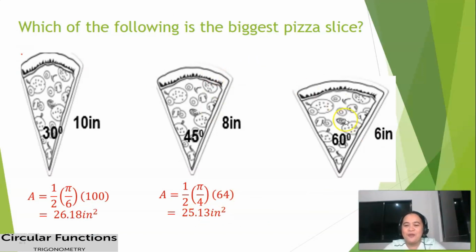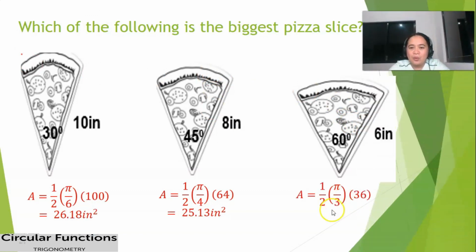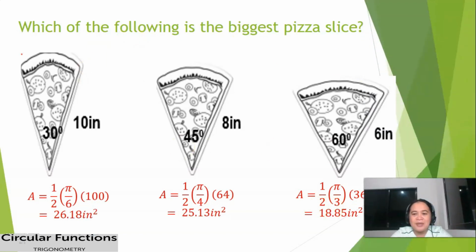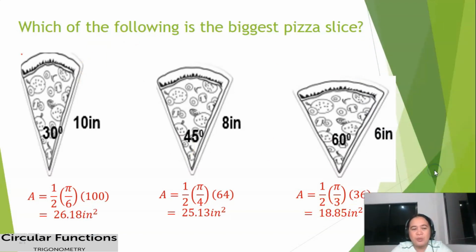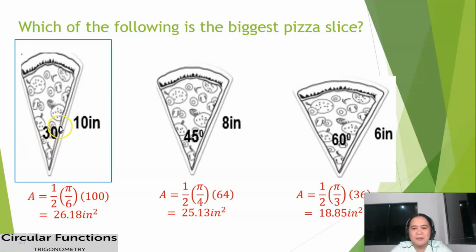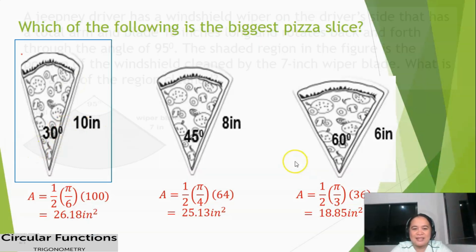And for the third pizza slice, 1/2, 60 degrees is pi over 3, and 6 squared is 36, and simplifying, this would be 18.85 inches squared. Therefore, among these three, the biggest pizza slice would be the first pizza. Okay.